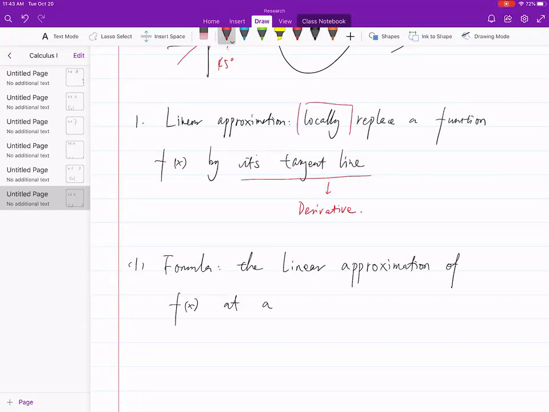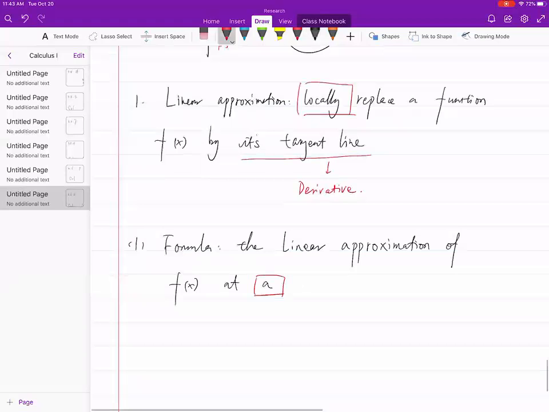Why I say locally, that's what I mean. That line won't work for anywhere. It only works for the first example we gave. It only works for 4 and the things around it. Still okay? If you want to approximate square root of 10, please use 9, don't use 4. Because you're so far away from that, anything can change, right? The closer, the better. Still okay?